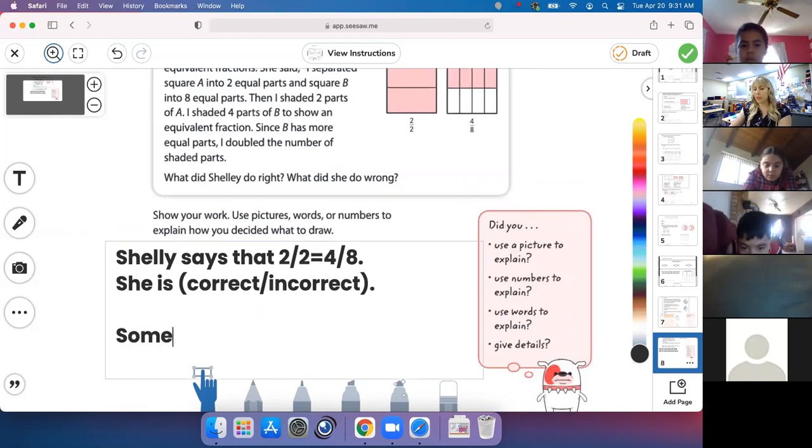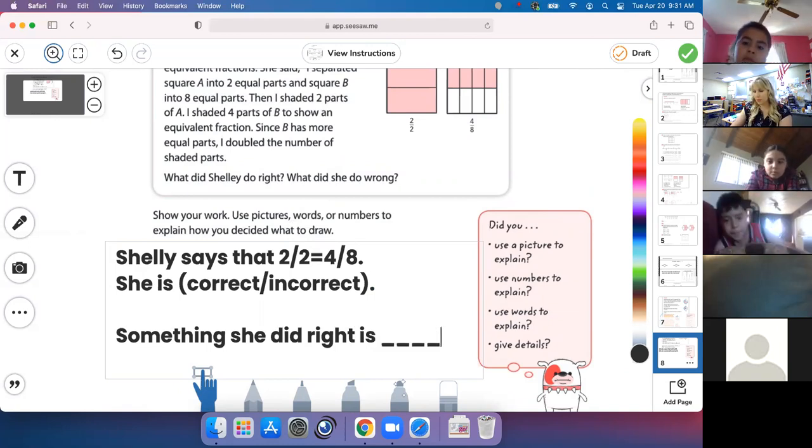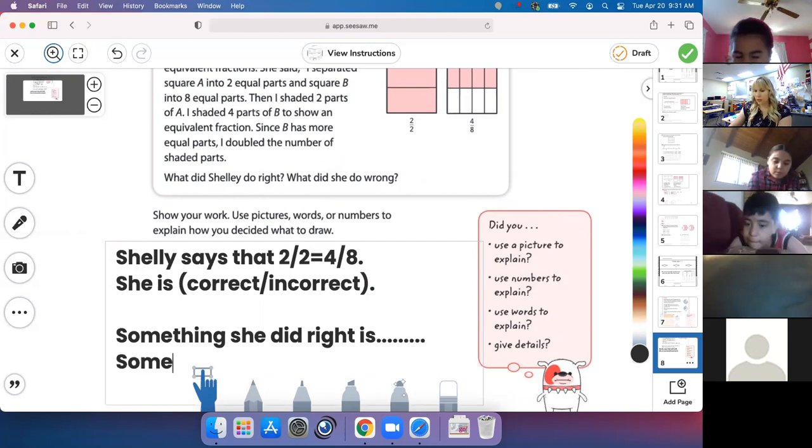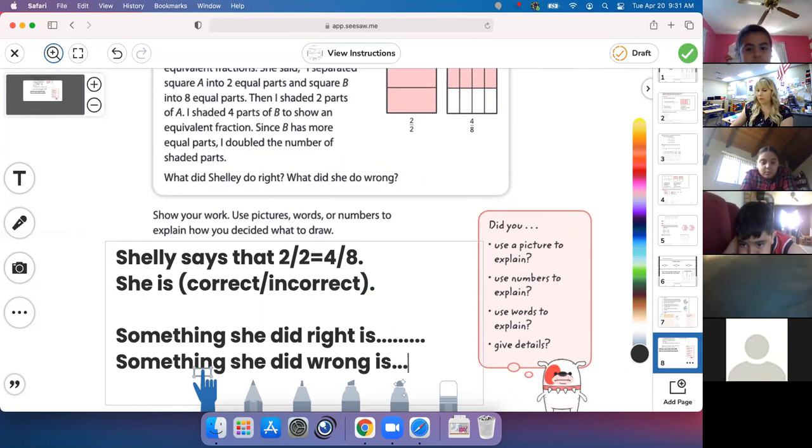Something she did right is, something she did wrong is, 2 halves is equivalent to how many eighths?